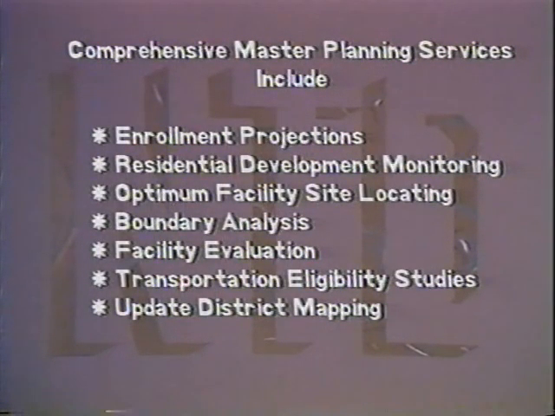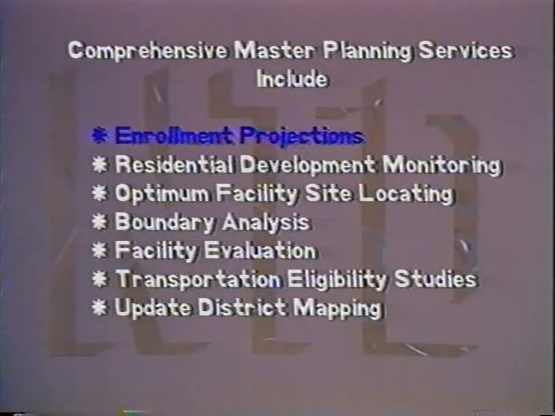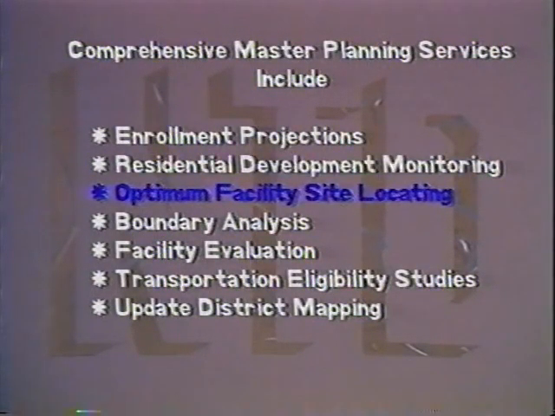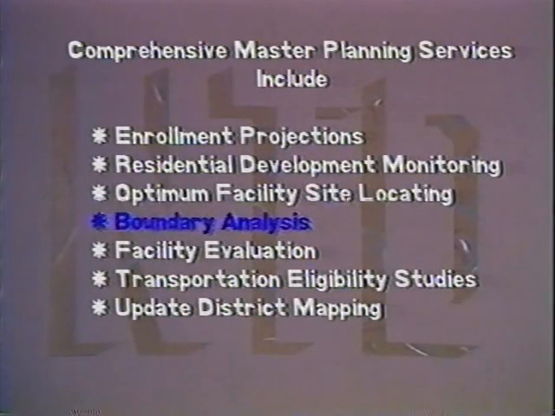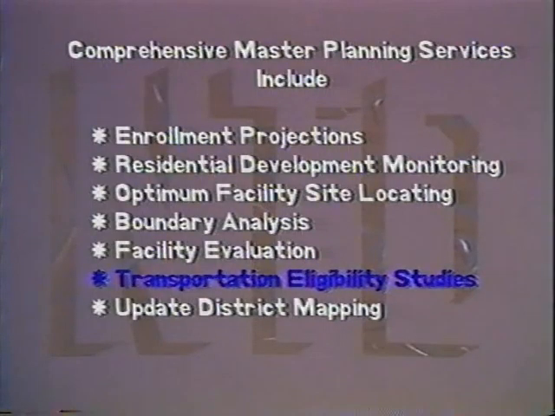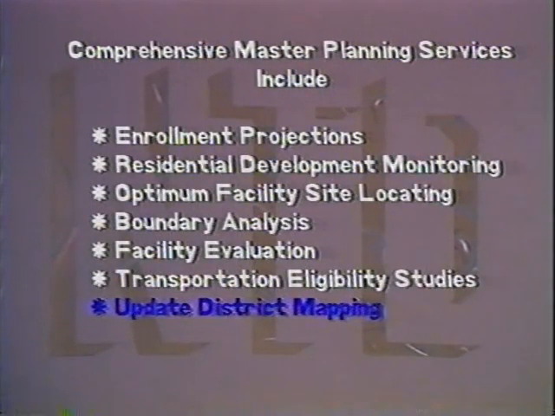Information such as enrollment projections, residential development monitoring, optimum facility site locating, boundary analysis, facility evaluations, transportation studies, and updated district mapping. With the most powerful GIS today and support from Neptune Thomas Davis, planning for the future has been made timely and affordable.